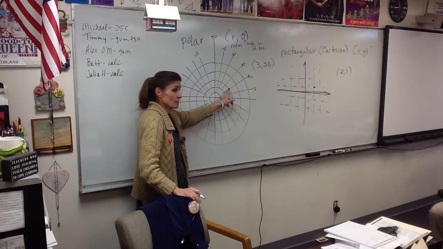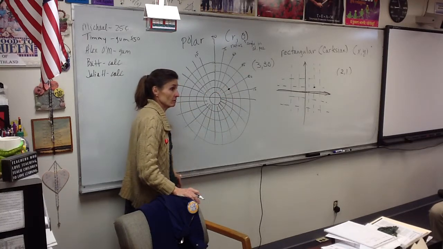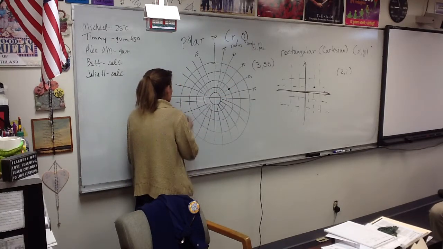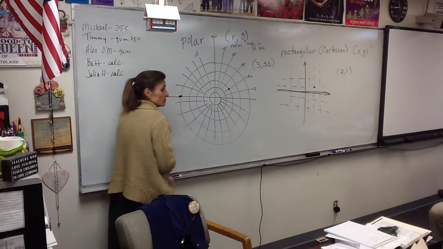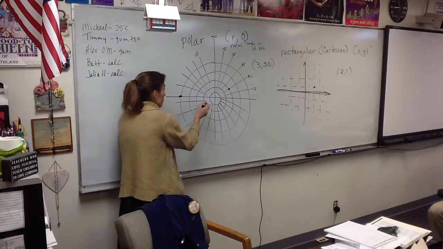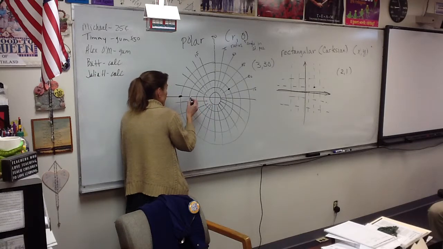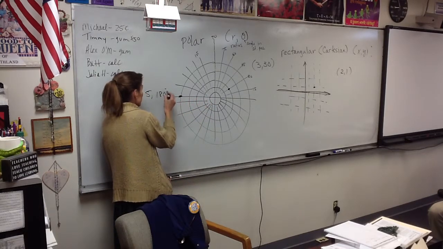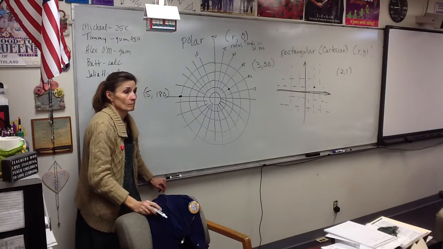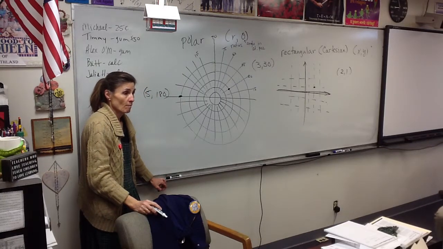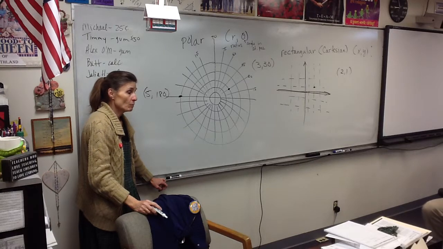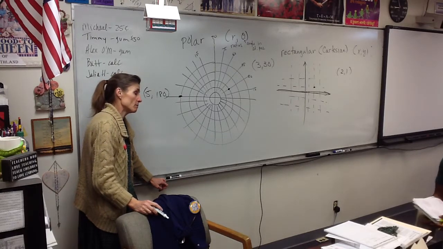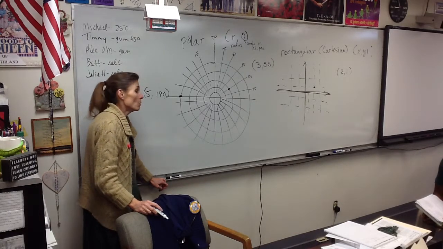And how did I get to 30? Angle. That's the angle. So this one would be the point 1, 2, 3, 4, 5, comma 180. And we'll be doing some graphing, not today probably, but we'll be doing some graphing.